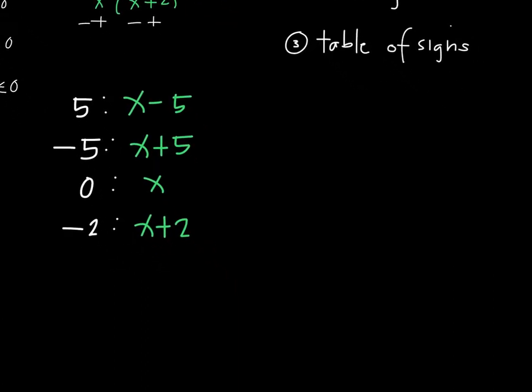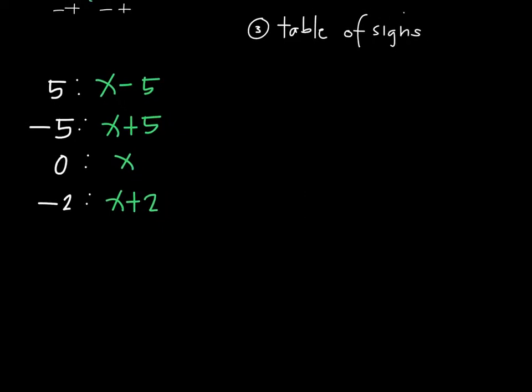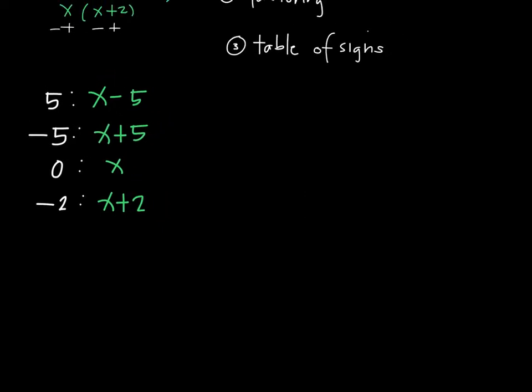Once you have identified all those numbers, start creating a number line just below the last factor. On that number line you have to place the numbers accordingly.